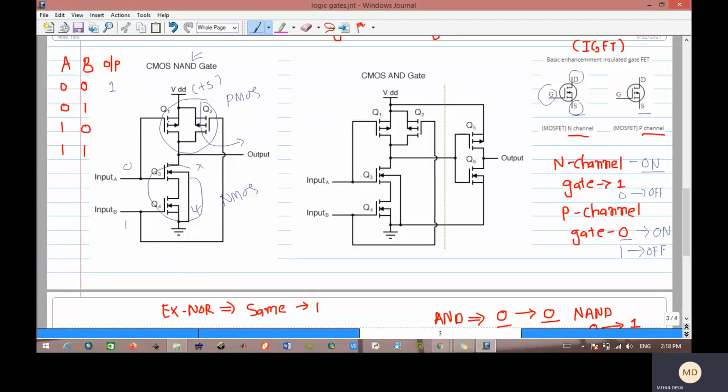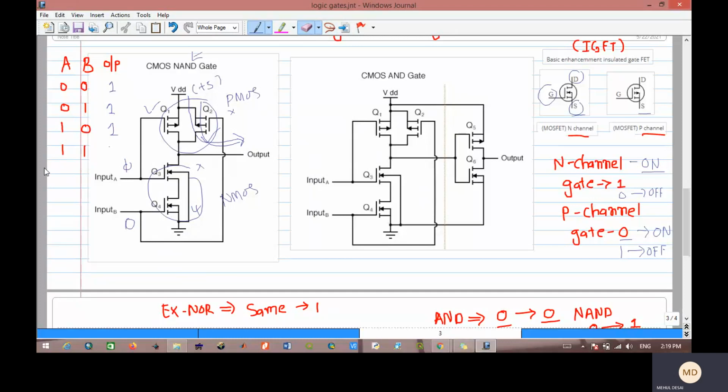Because of this 0, this PMOS is on, and because of this 1, this PMOS is off. Because this PMOS is on and the circuitry below is off, again we get the output 1. Similarly, for 1 and 0, the other PMOS is on, and because of that we get the output 1.